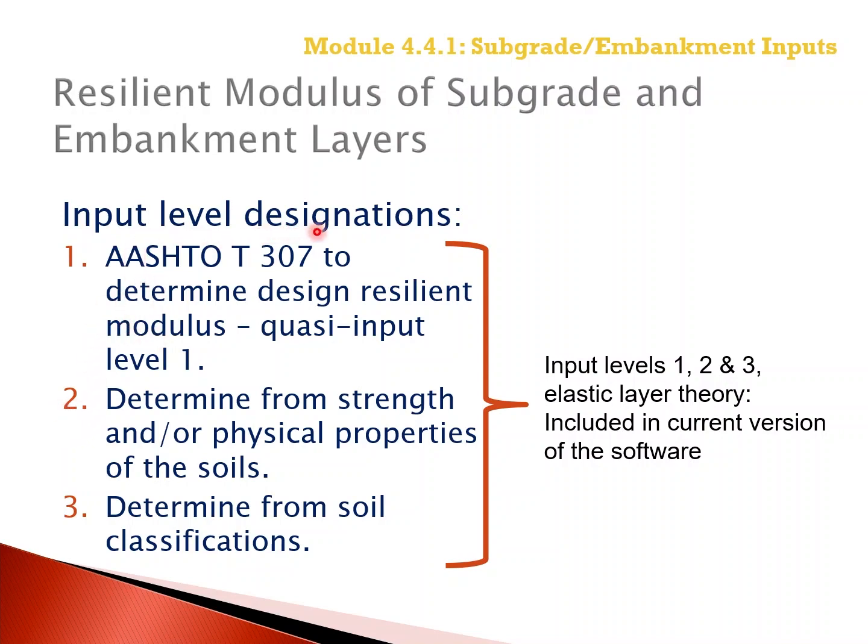Input level 1, or what we would define as a quasi-input level 1, still uses AASHTO T307, and that data is used to determine the resilient modulus. The quasi-input level 1, input level 2, and input level 3 all use elastic layer theory, which is included in the current version of the software.